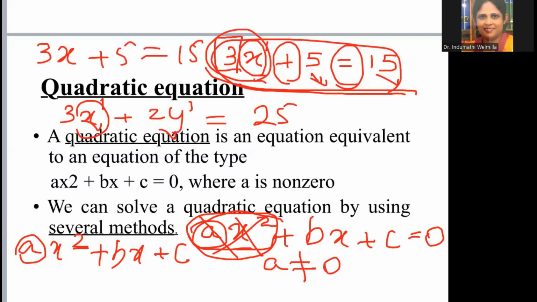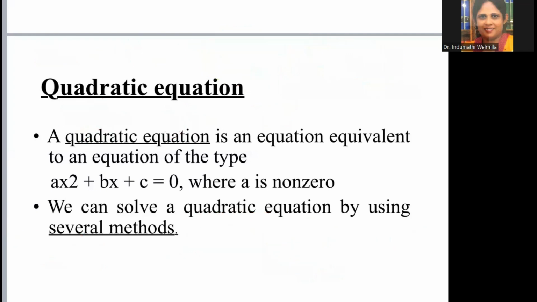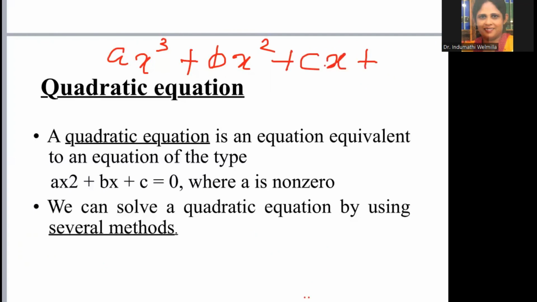The standard form of the cubic equation with variable x, we can write this way: ax cubed plus bx squared plus cx plus d equal to 0. This is the standard form of the cubic equation.